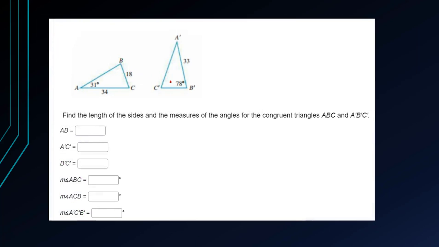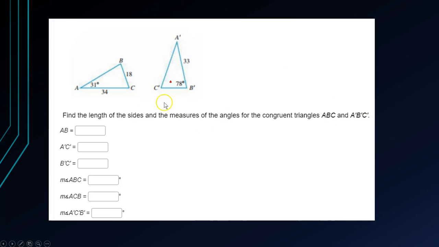For the last example, you were given that these two triangles are congruent. And what's even nice about them, usually if you have congruent triangles and the first one's ABC, the other one has primes, you know that A prime should correspond to A, B prime to B, C prime to C. It makes it a little easier to discern which angles and sides are corresponding.